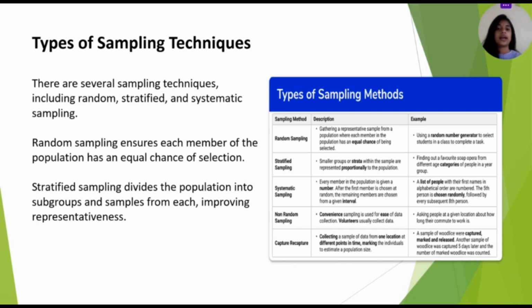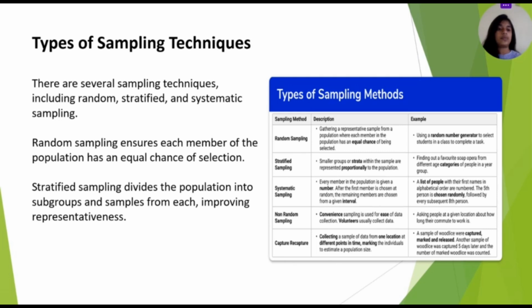Non-random sampling. Convenience sampling is used to ease the data collection. Volunteers usually collect data. Example, asking people at a given location about how they commute to work. Capture and recapture: collecting a sample of data from one location at different points in time, allowing the individual to estimate population size.